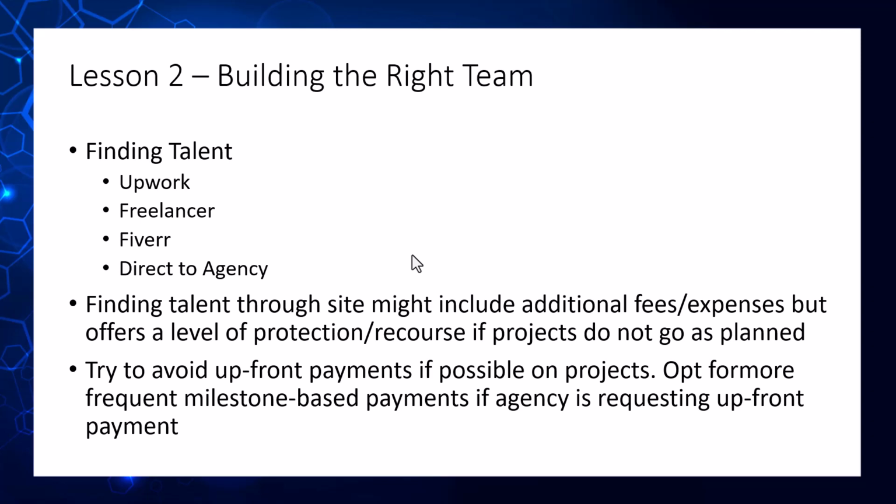Finding the talent through a site like Upwork or Fiverr is going to introduce some additional fees and expenses that you'll have to pay. But essentially, you get a level of protection, or recourse, if the project doesn't go as planned.